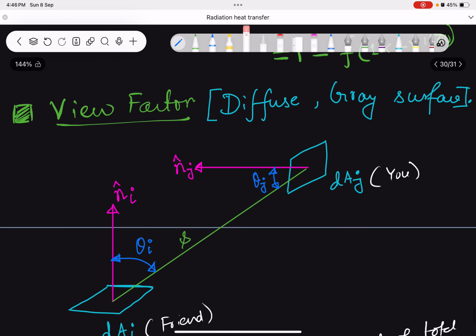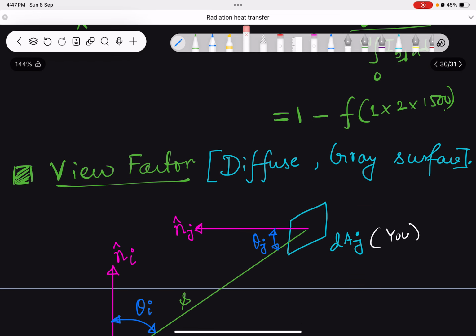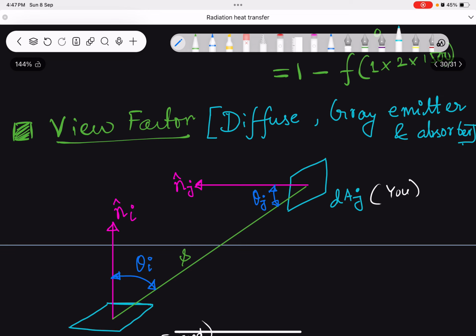See, I have made a mistake. So I cannot write diffuse gray surface. I should write diffuse gray emitter and absorber. Okay, actually this is a consequential fact that if it is a diffuse gray surface, then my epsilon lambda dash is equal to epsilon.